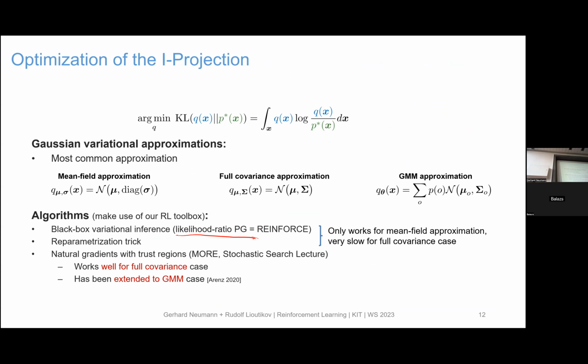Because we don't assume we know the structure of R. R is a black box for us. We can just ask R, what is the reward? That's black box variational inference. Then there is the reparameterization trick, and we could do something more fancy than standard policy gradient. We could do natural gradients, for example, with a trust region.